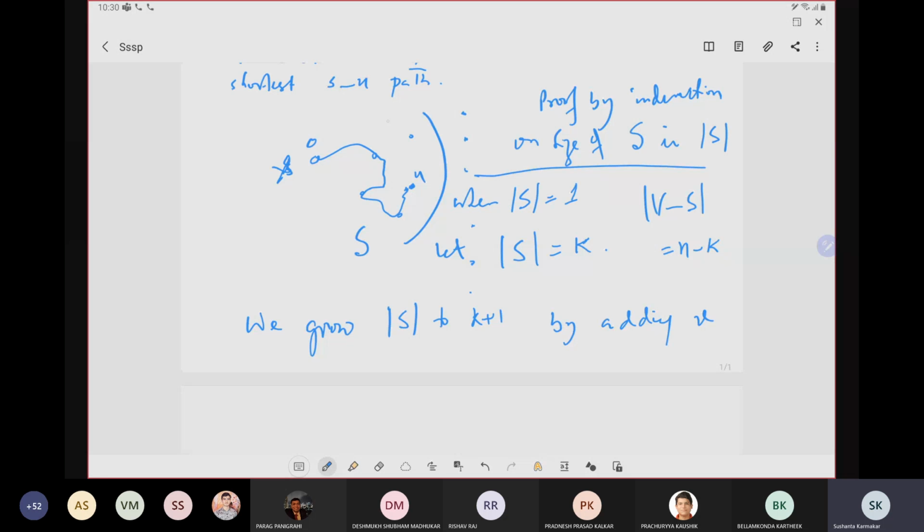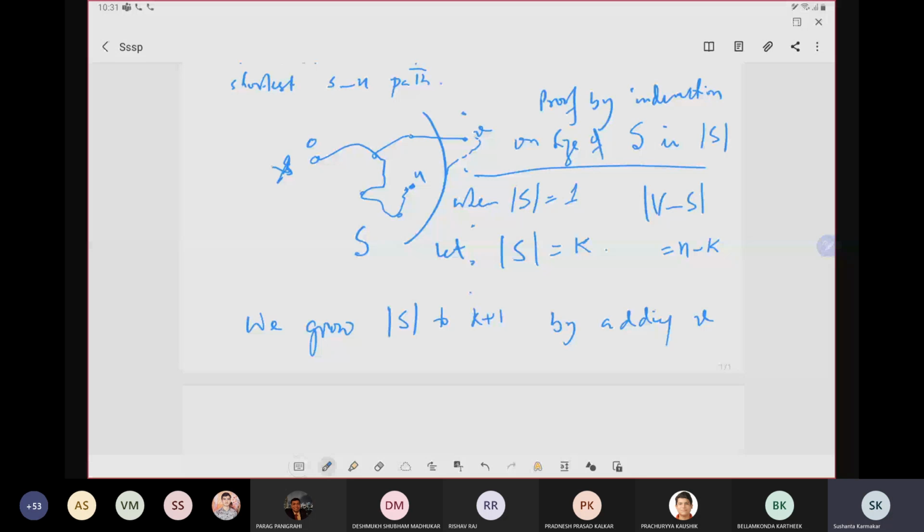I take the min value from the priority queue, and let's say this is the node. It was connected to this node, and there was some path to this node. So these are all connected, and my partition just becomes like this. It increases by 1.